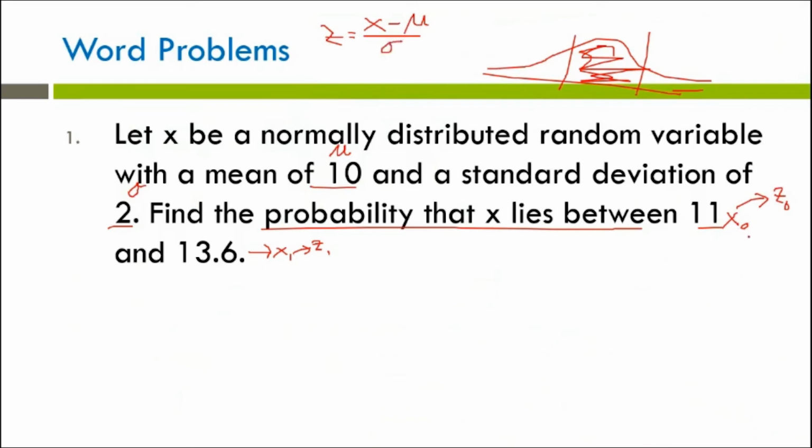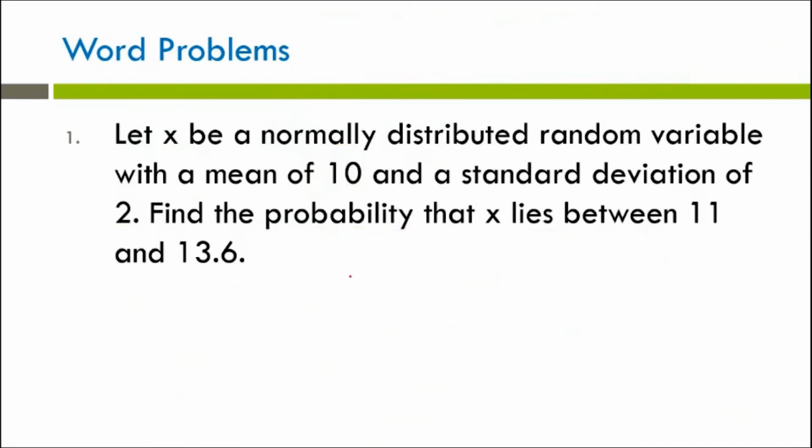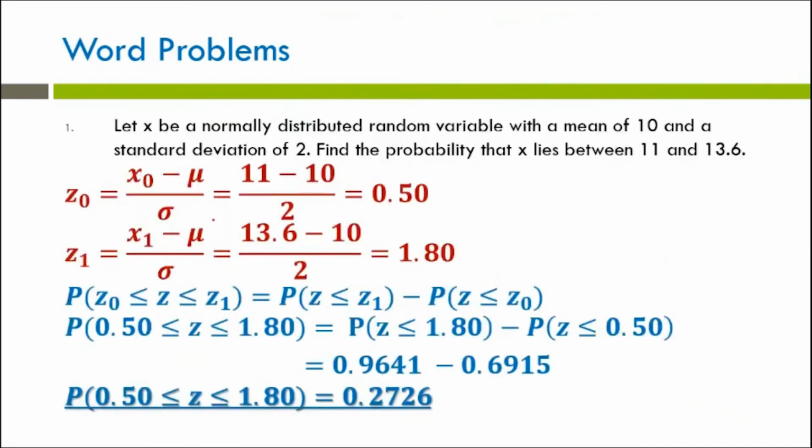Plug in or substitute these values, no, you will get z sub 0, that would be x sub 0 minus mu over sigma. Same with z sub 1, that would be z sub 1 is equal to x sub 1 minus mu divided by sigma. So the result will be this. We'll have z sub 0 is 0.5, z sub 1 is 1.80.